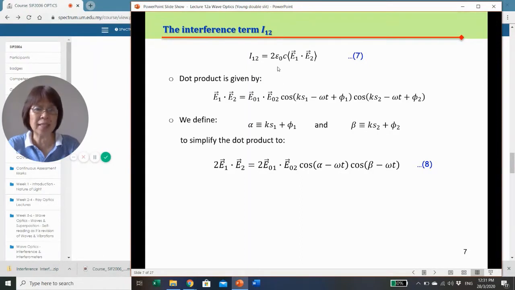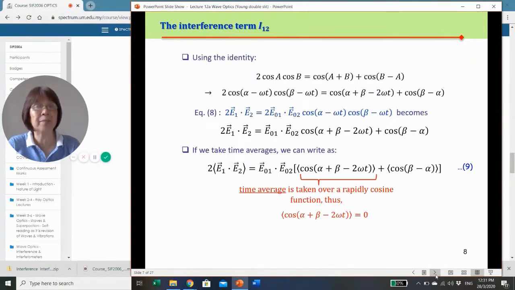Now we're going to add a factor 2 here. You will see why we add the factor 2. 2 E1 dot E2 will give you 2 E01 dot E02 cosine of (alpha minus omega t) cosine of (beta minus omega t).